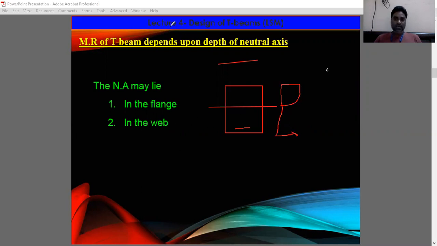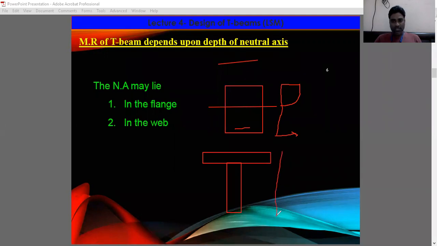But in a T beam, what happens? So this is a T beam, right? If this is the stress block, the variation of the stress block is also the same, but the only difference is that the distribution of the stress block depends upon the depth of the neutral axis, whether it is within the flange or the web, right?